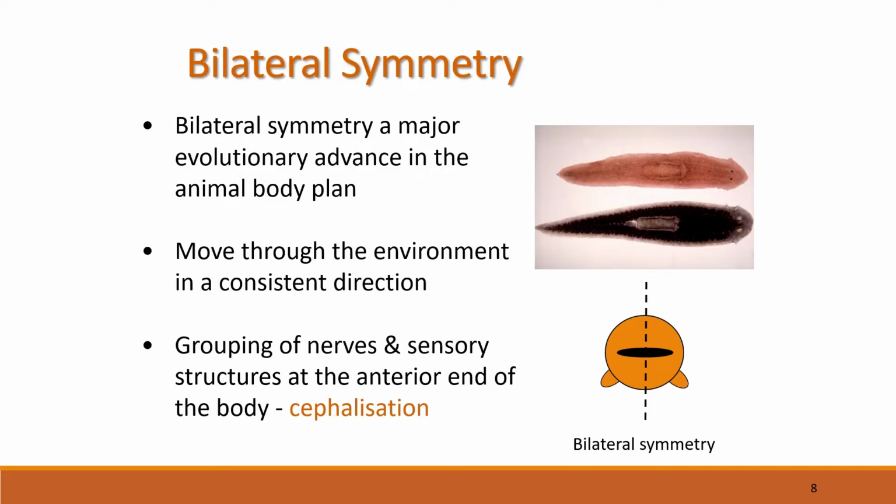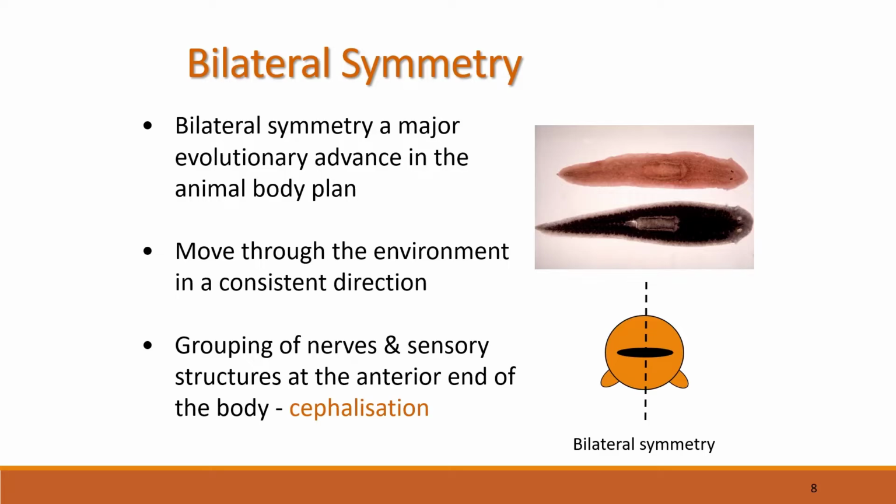So having this anterior or front end leading the way as you move through your environment has its advantages, as if you have sensory organs located in this anterior end of your body leading to concentrations of nerve and sensory cells, then that is quite advantageous as this part of your body is the first to move through your environment. It's the first to encounter anything, so it's beneficial to have these sensory structures at this anterior end.